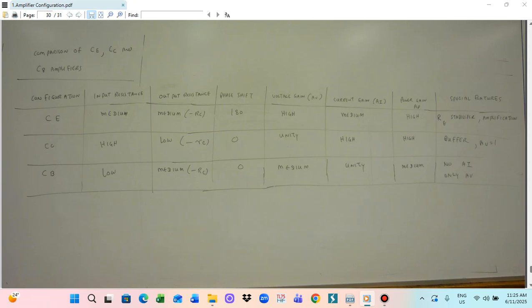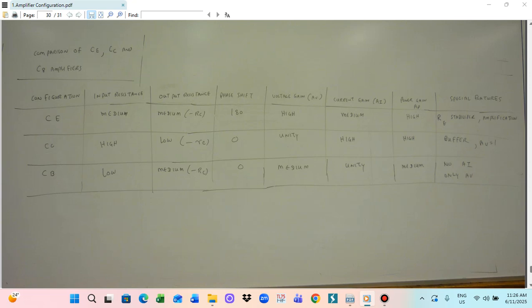We compared the three amplifiers, CE, CB, and CC, in terms of the input resistance, output resistance, phase shift, voltage gain, current gain, and the power gain.